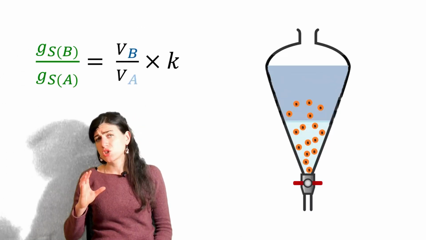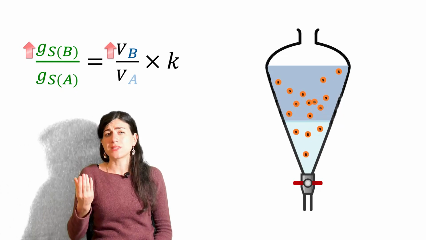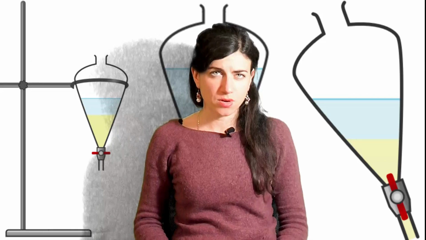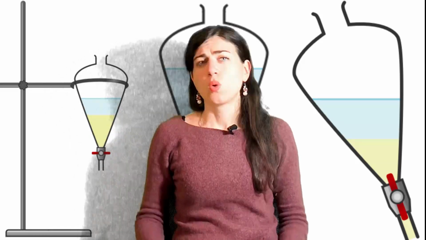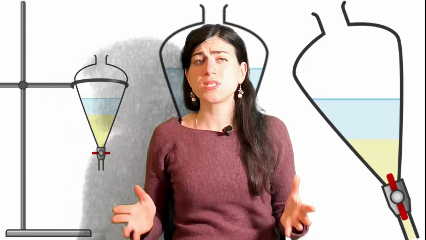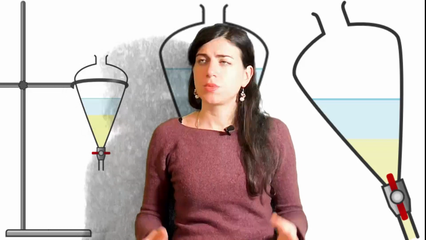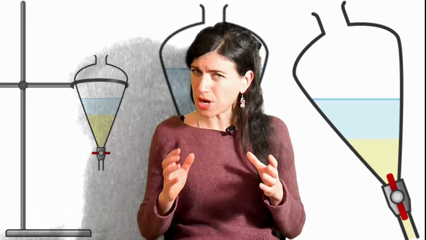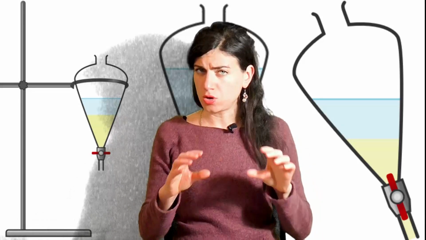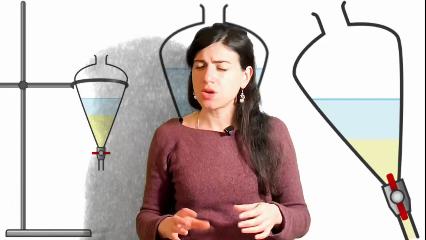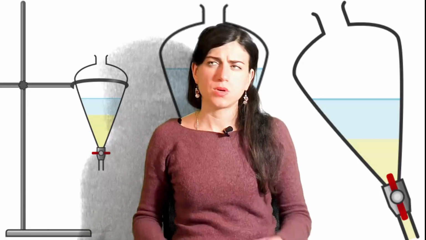So I have to increase the volume of my solvent B in order to increase the amount of my substance S in liquid B. However, from a practical standpoint, what is done in the laboratory is not using large volumes of solvent B, because that's not cost effective. So what do we do? We perform multiple extractions with small volumes of solvent B rather than a single extraction with the same overall volume of solvent B.